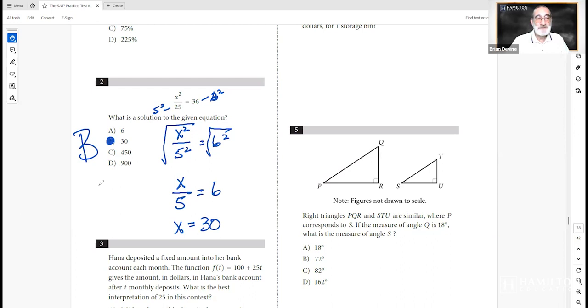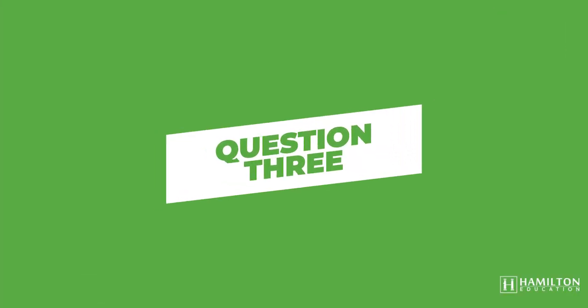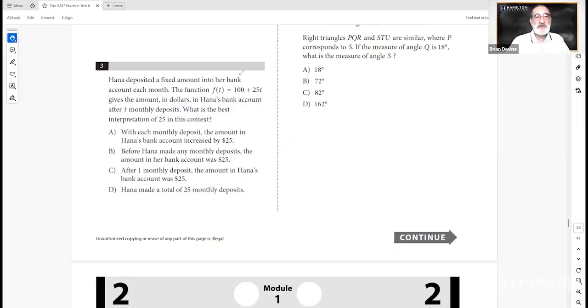So B. Question 3. Hannah deposited a fixed amount into her bank account each month. The function f of t equals 100 plus 25t gives the amount in dollars in Hannah's bank account after t monthly deposits. So look at that. That's in the form y equals m times x, t in this case, plus b, the initial value.